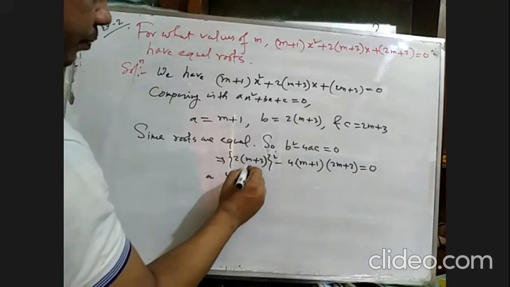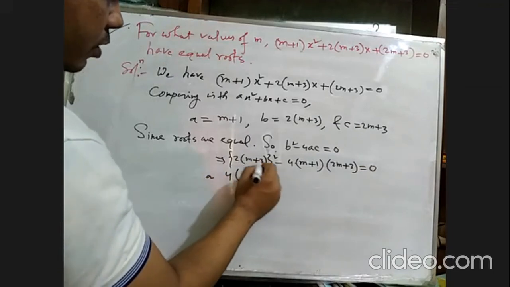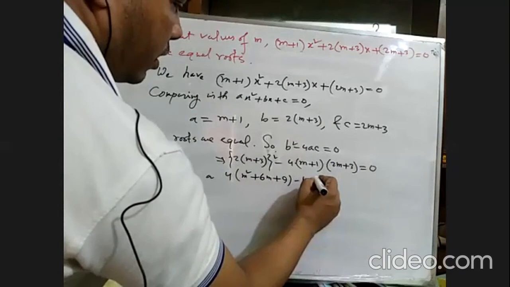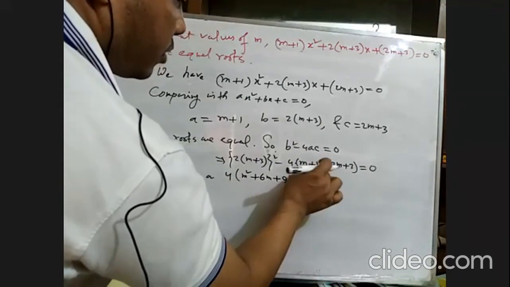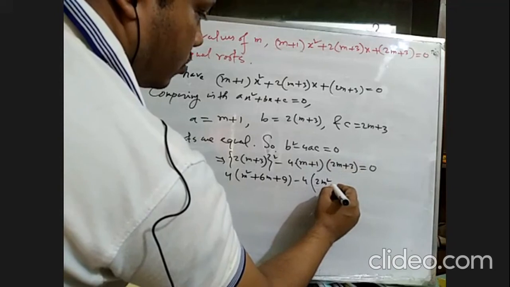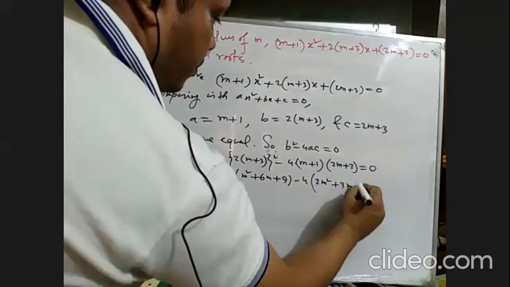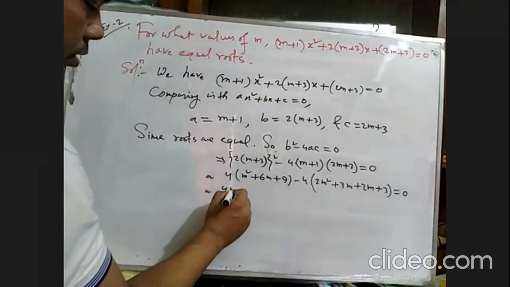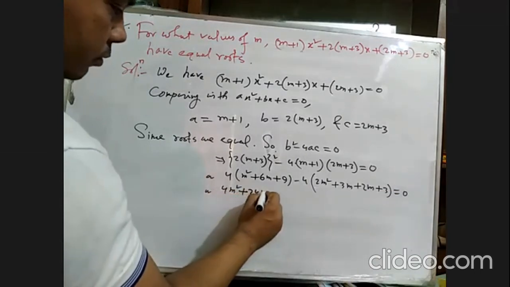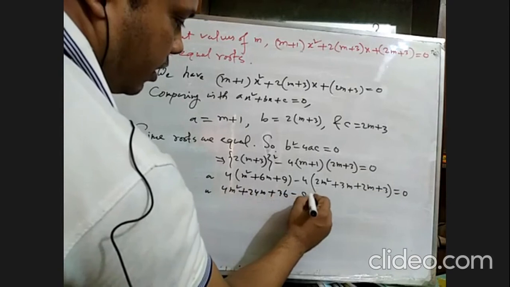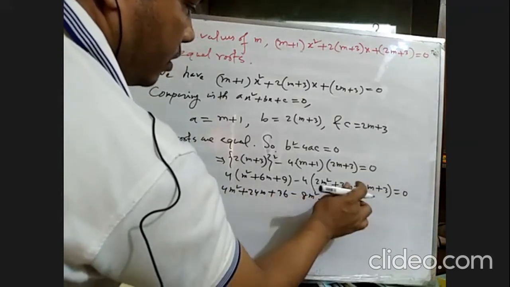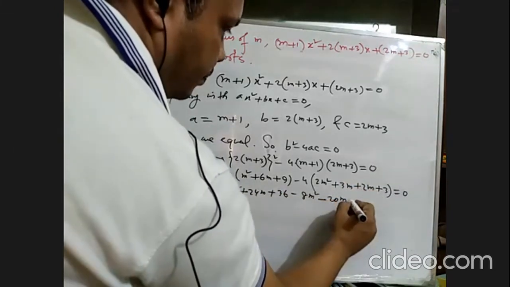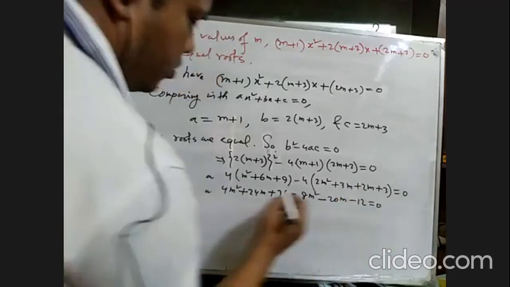Or 8m square plus 20m plus 12 equals to 0.